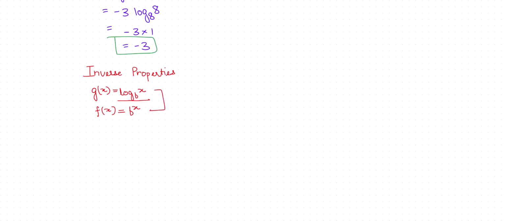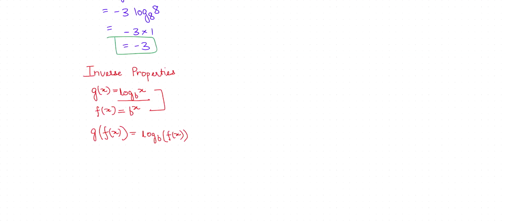So when the functions are inverse of each other, then we know that function of a function is equal to x. We learned this in composite functions, that when the two functions are inverse of each other, then function of a function is x. So let's use that.